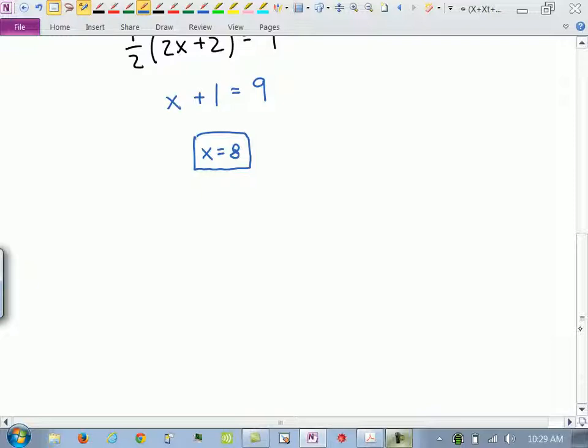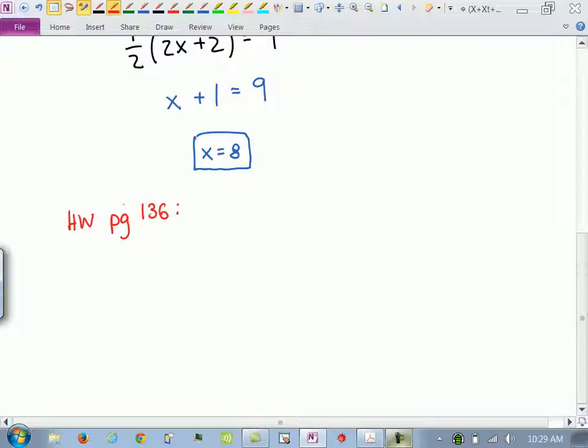So this homework is page, I'm going to start you on page, where are these? 136. This is your homework.